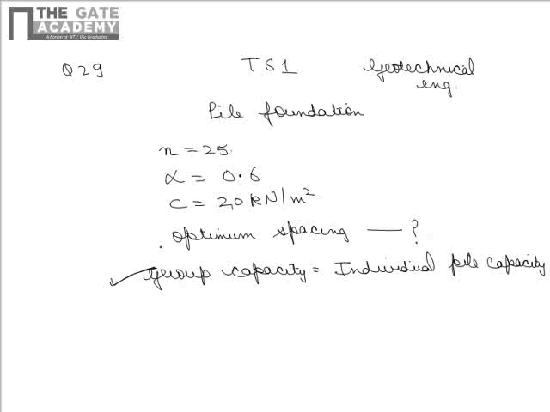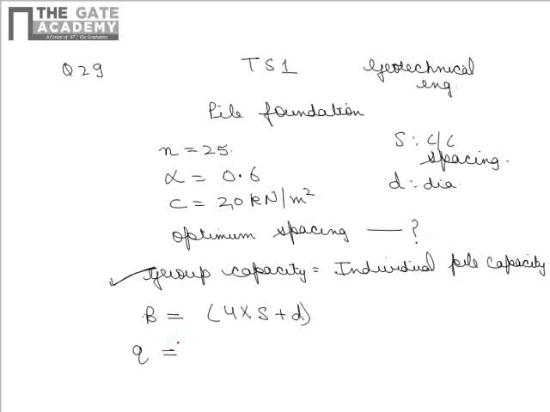Now it is given that B can be calculated as 4 into S plus D, where S is the center to center spacing between two piles, and D is the diameter of each pile.